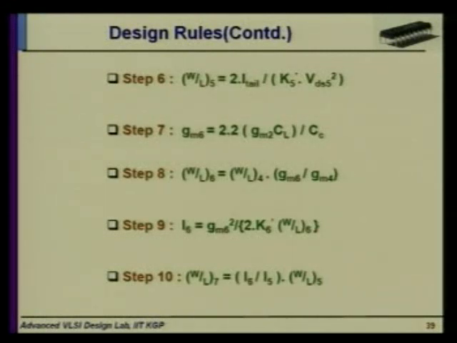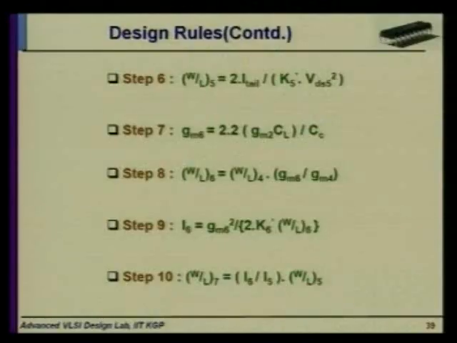So we have found out, any query? We have found the aspect ratio of the fifth transistor also. So we are only left with M6 and M7, isn't it? There were 7 transistors. We are done with 5 of them.